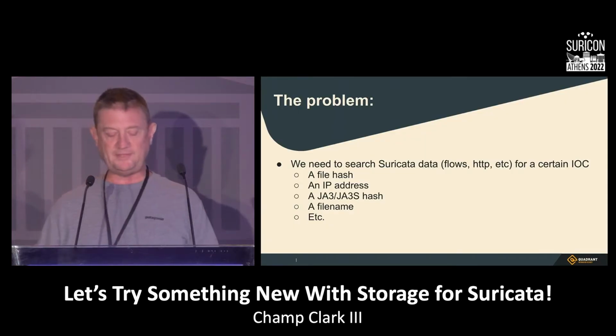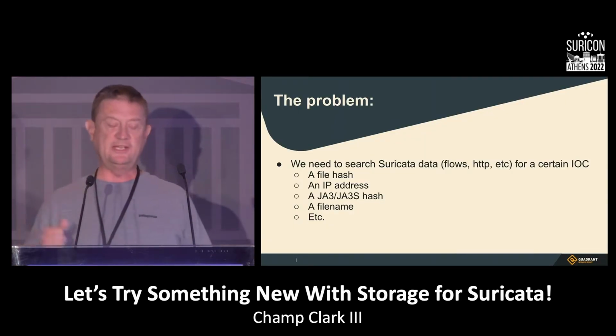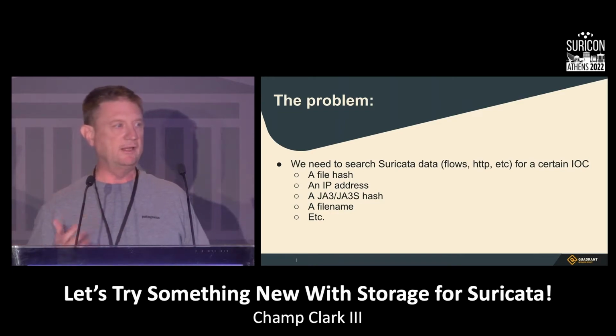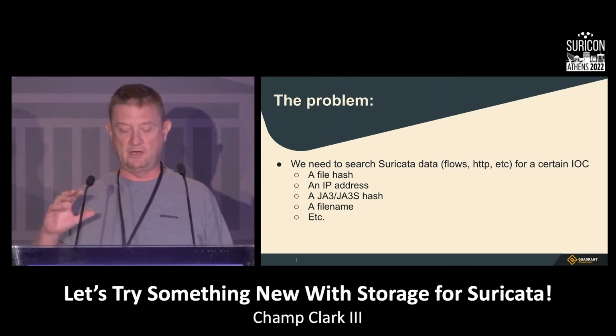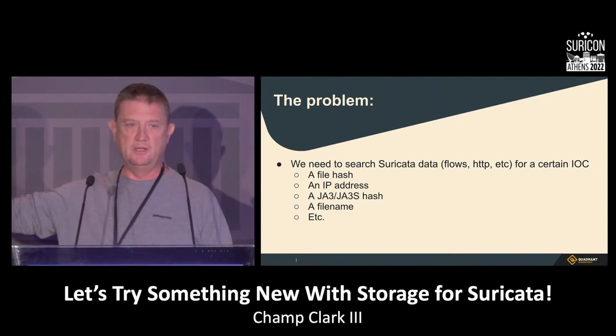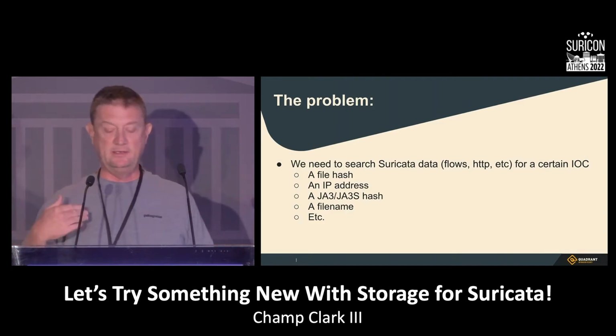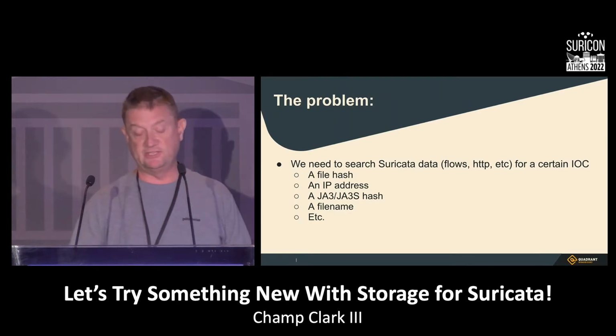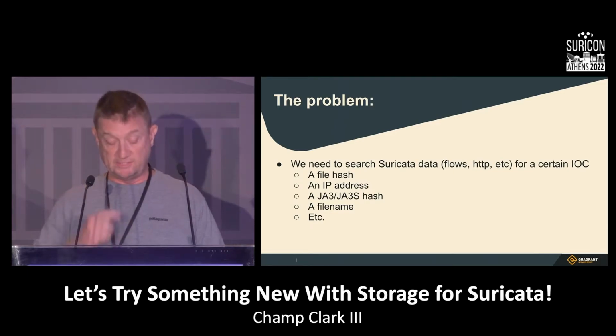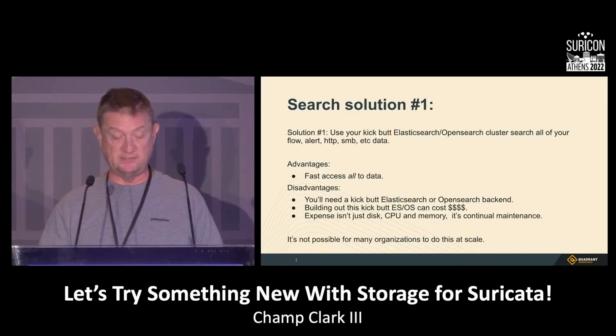So here goes the problem. We need to search a ton of Suricata data. And in our cases, our systems have 90 days or more of Suricata data on them. And usually the question that comes up is we need to search for an IP address or something like that. So this data has everything from file hashes, IP addresses, JA3, or TLS connections, file names, all kinds of stuff.